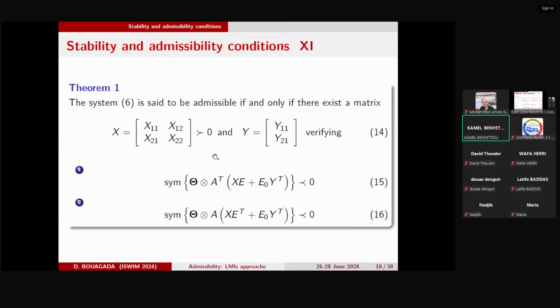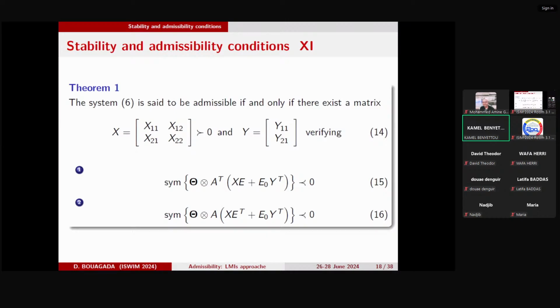Thank you. The system 6 is said to be admissible if and only if there exists a positive definite matrix X and a matrix Y satisfying the three conditions. The inequality 15, the LMI, means the eigenvalues of this matrix are negative definite.